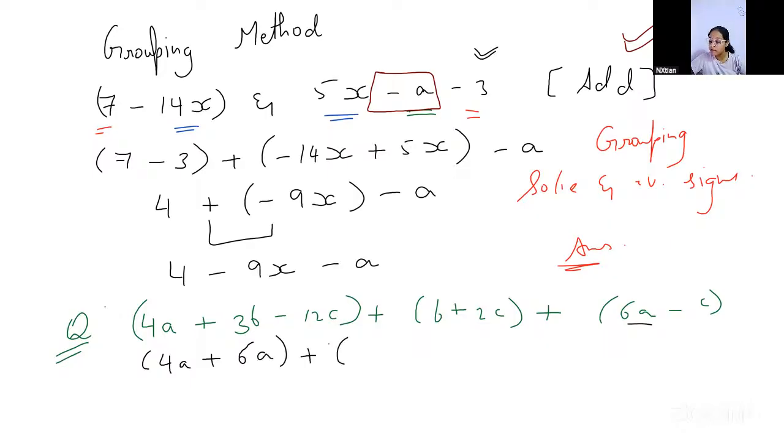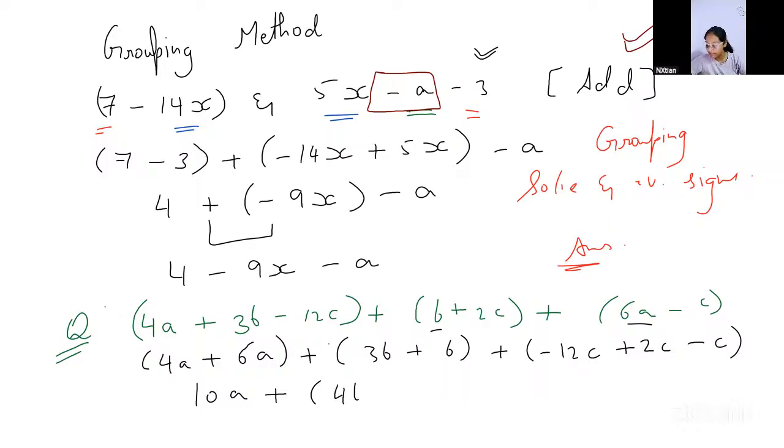Then I have my B's, 3B plus B. Then I have my C's: minus 12C plus 2C minus C. Add the A's, 4A plus 6A, 10A. Plus 3B plus B, 4B.